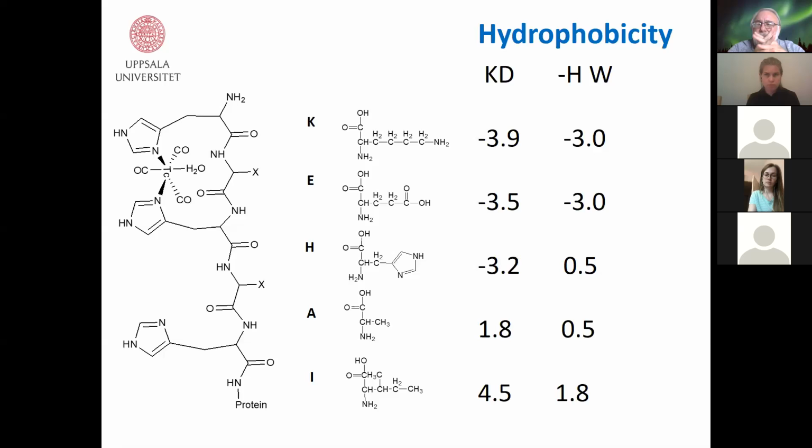Next step was to figure out all the factors. Is it lipophilicity? Is it charge? Is it position which play a role? So we collected a number of other variants. So we added lysine, to have the same hydrophilicity as glutamate, but opposite charge.